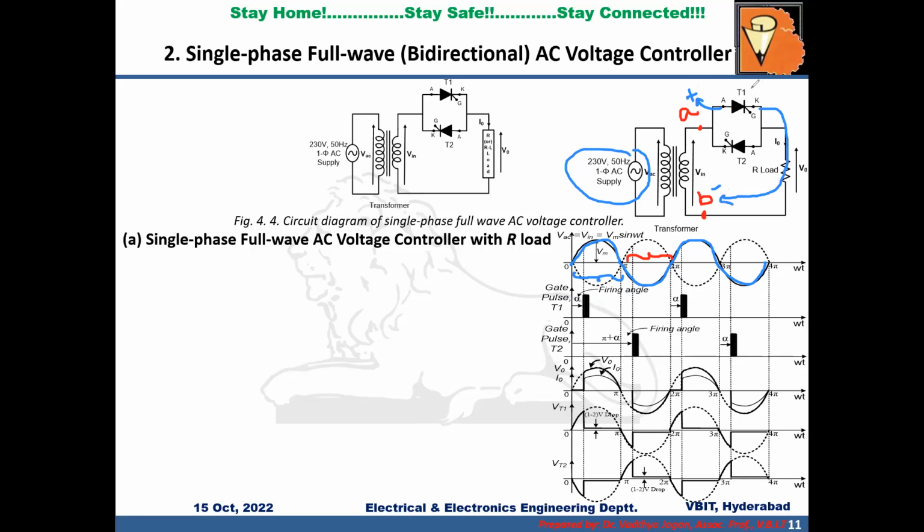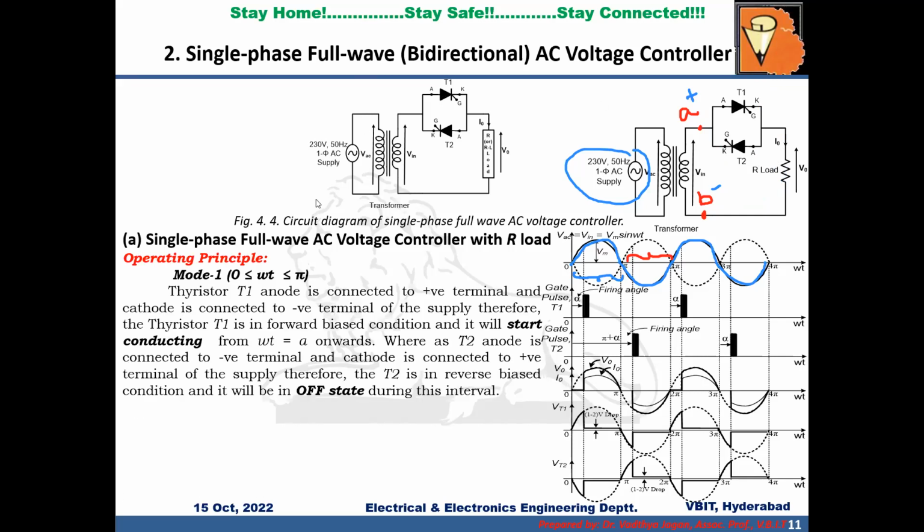That means T1 will be in forward bias condition. Whereas T2 cathode is connected to A positive, which is a higher potential, and anode is connected to lower potential, which is B negative. So T2 will be in reverse bias condition and T1 will be in forward bias condition.